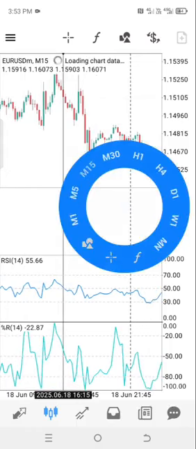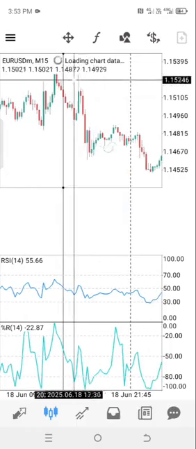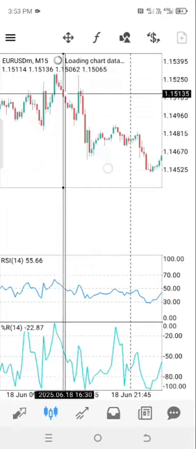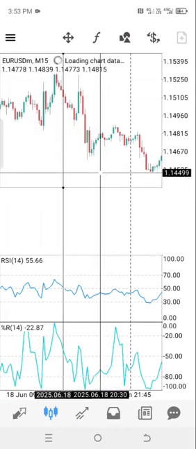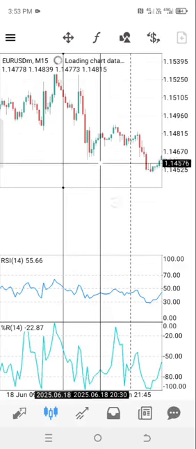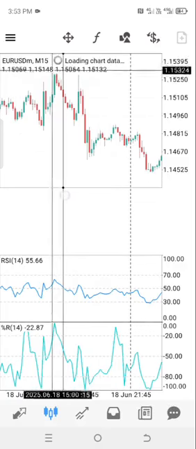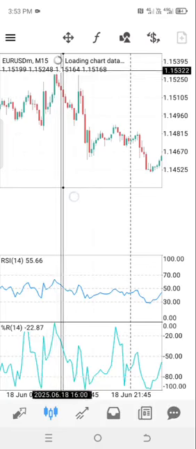And then what would have happened? You storm into the trade somewhere around here and you go for the kill. We simply look out for a risk to reward ratio of 1:3 as our take profit. And for the stop loss, you just place your stop just above the most recent high there.